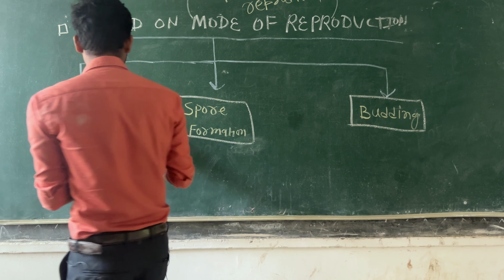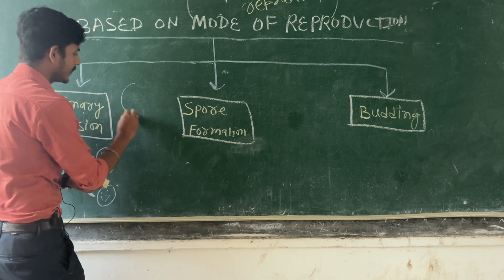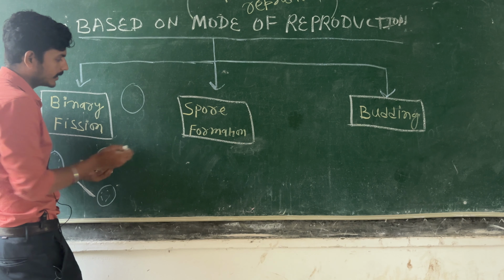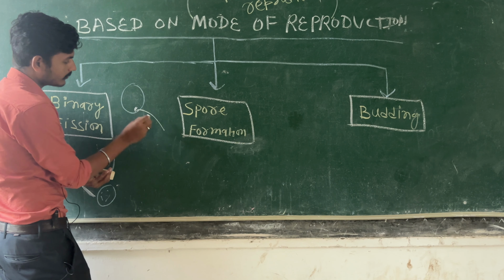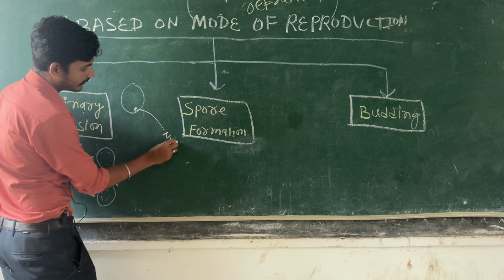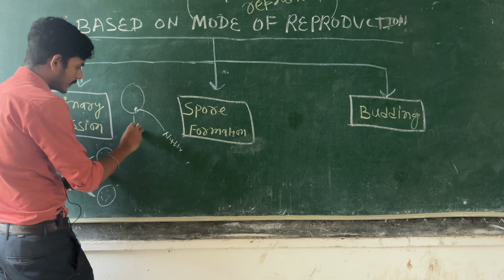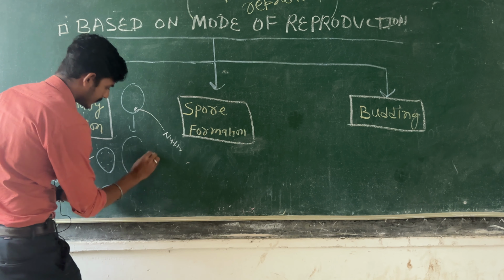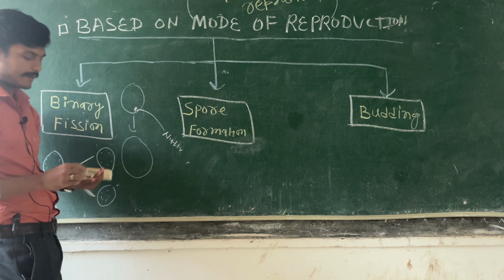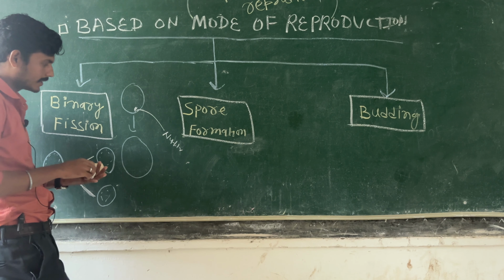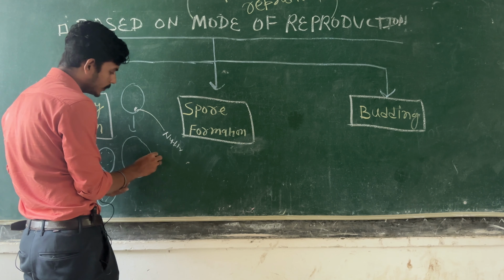Once bacteria get the nutrition, they will increase their size. Suppose this is the bacterium. After getting the nutrition, it will increase its size. After increasing in size, it starts to divide.